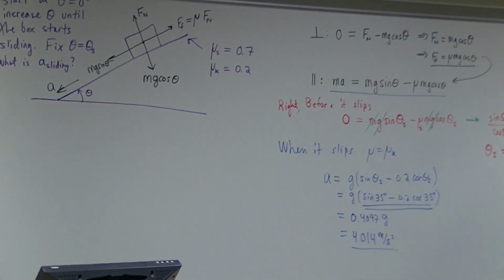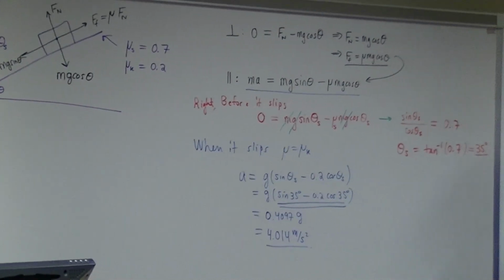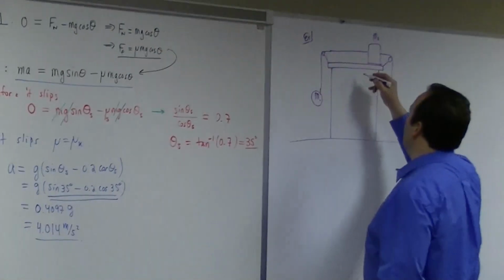My next example, a little bit quicker. Suppose you got boxes, M1, M2, like so. There's a pulley. Oh, I don't need two boxes, just need one, sorry. One box will do. And then I've got M1 hanging over here, and M3 hanging over here, and the table.